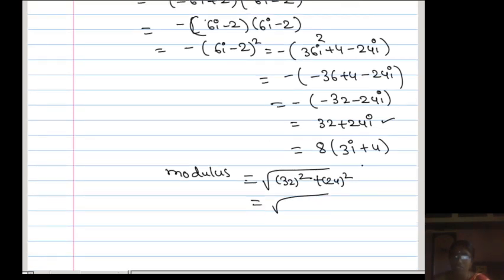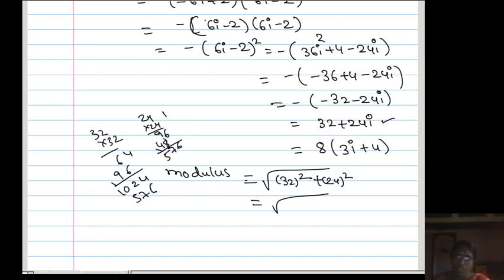Calculating 32 into 32 and 24 into 24, and adding these two, we get 100 after simplification.